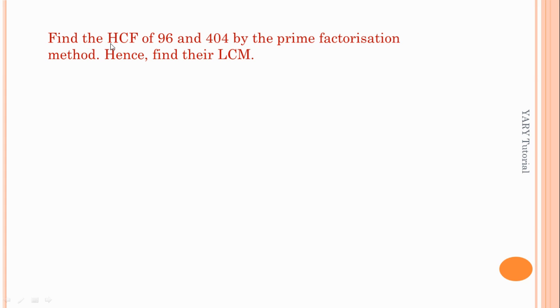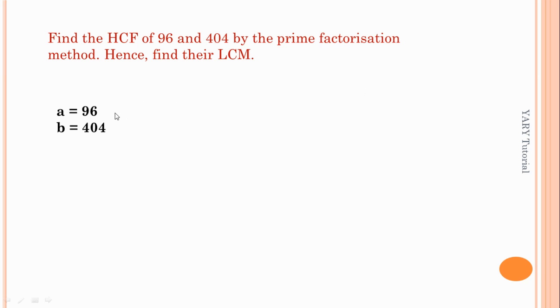So, find the HCF of 96 and 404 by the prime factorization method, and you have to find the LCM. We have to find the HCF by prime factorization method, and using the HCF and these two numbers, we have to find the LCM using the formula.